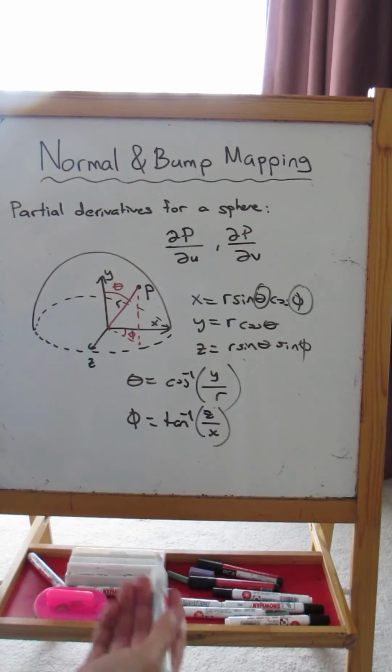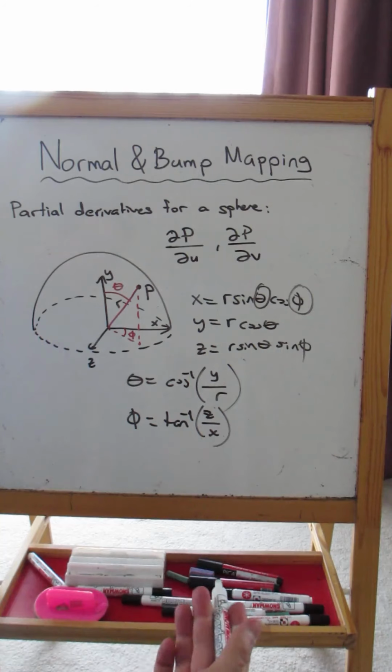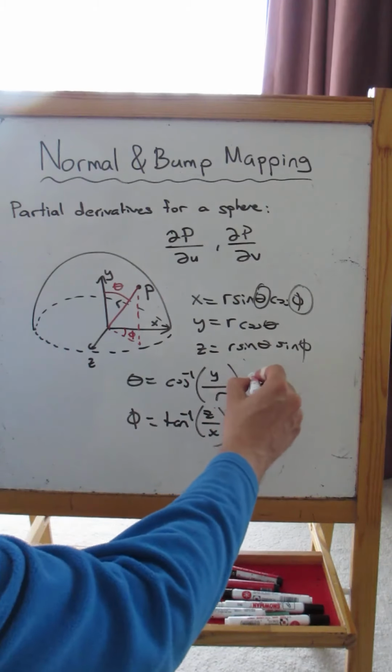Now theta and phi are not enough for us. We need to go to uv because we are accessing the texture using the uv coordinates. So what we must do is, from here we must find u and v.